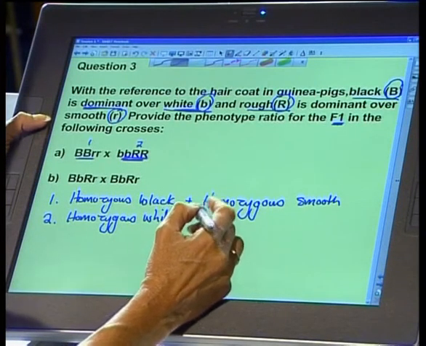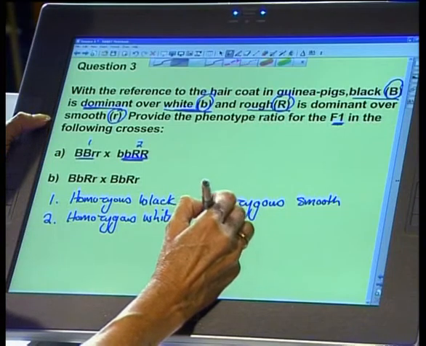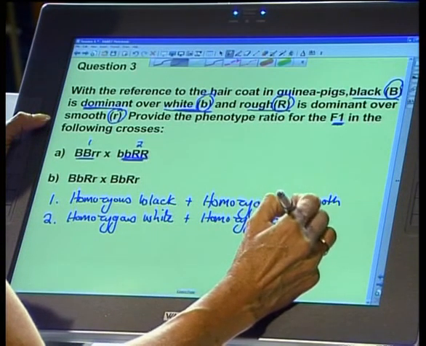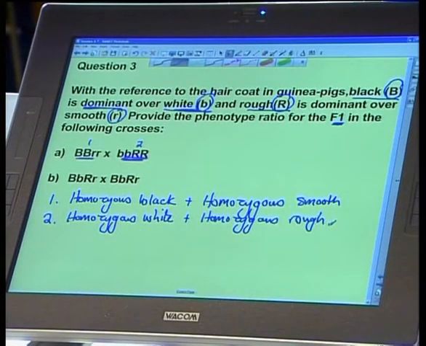They say opposites attract, and this one's got a rough fur, so it's going to be homozygous rough. All right, so we've got a black smooth-haired guinea pig, and we have a white rough-haired guinea pig. A little bit of a disheveled look, maybe puts a little bit of hair glue or something, and makes it look all spazzy.